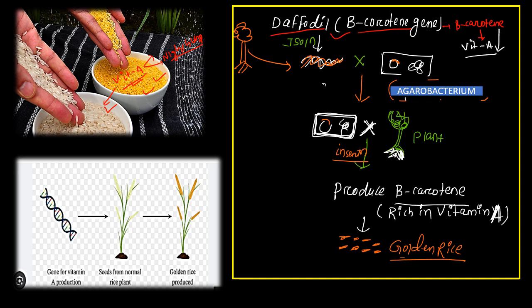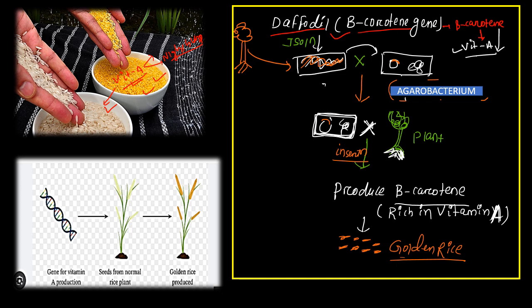So we need vitamin A in rice for different functions. Firstly, this gene is isolated, then introduced into a bacterium, named Agrobacterium or any bacterium. After insertion, this bacterium now contains this gene.